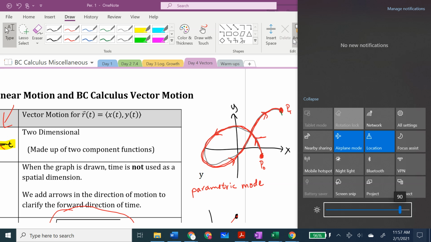If I go to my window settings and I make my T-min be -10, so I'm going -10 to +10, I'm going to see more of the graph. So here we go. Whoa.